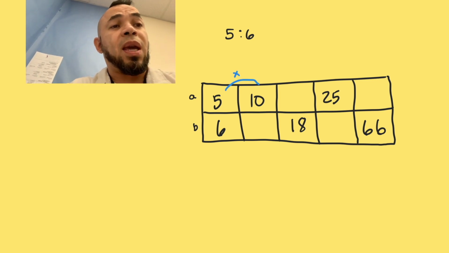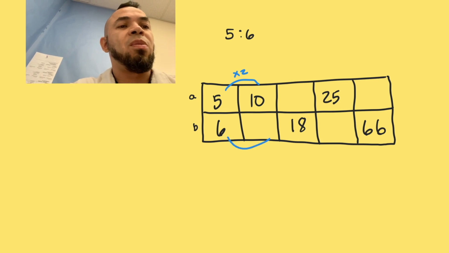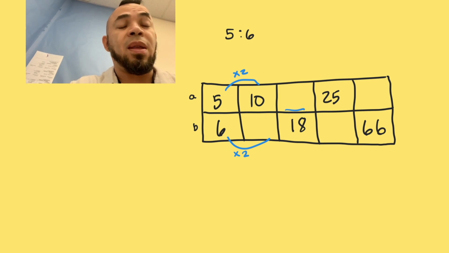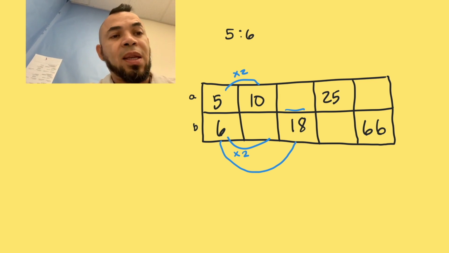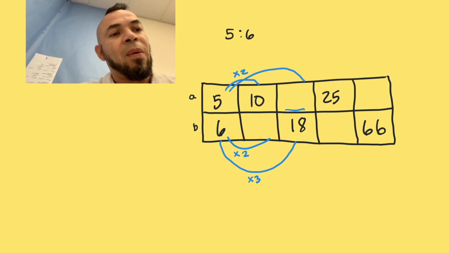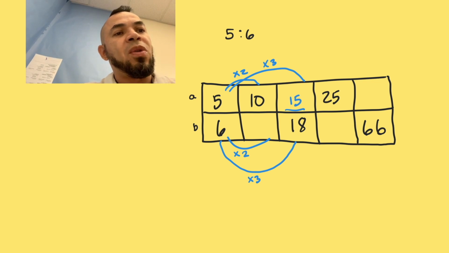You could say, I multiply times 2. Well, you multiply times 2 there too. Then for the next one, I don't have anything for the 5, but I do have something below: 6 to 18. What happened to my 6 to become an 18? Oh, times 3. So I have to do times 3 to the 5 too. 6 times 3 is 18, and 5 times 3 is 15. So you have that relationship.